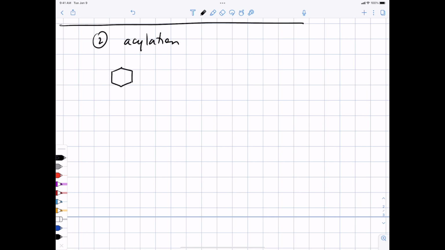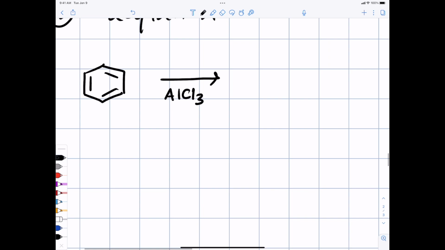You start with benzene, and you're still going to use aluminum chloride as a Lewis acid, but instead of using an alkyl chloride, we're going to use an acid chloride, which is some R group, a carbonyl, and then Cl.